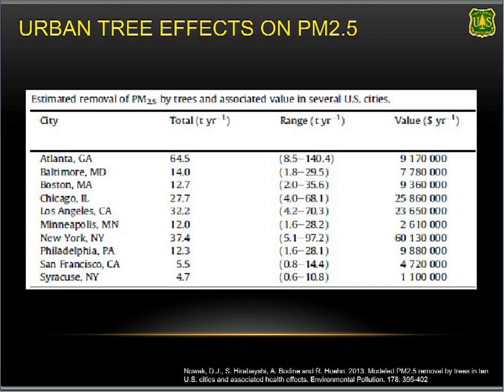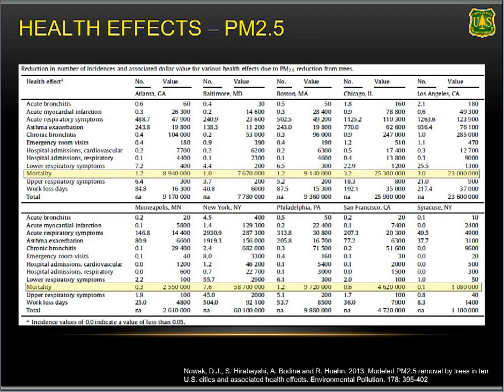What this is showing in terms of value is, in terms of, say, Manhattan or New York or Chicago, the values tend to be highest in these urban areas where there are more people, because there's more people receiving the benefits of having improved air quality. And I'm going to show you that on the next slide right here. This table shows the human health effects from the reductions in PM2.5 concentrations in those 10 cities.